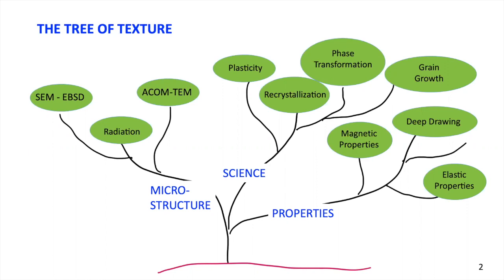Then there is a second branch on this tree, which is what I call science, because of course, speaking about crystallographic texture, it relates to crystallographic aspects of material science. And of course, crystallography plays a very important role in many different material phenomena, like I have named here a few of them: plasticity, recrystallization, grain growth.